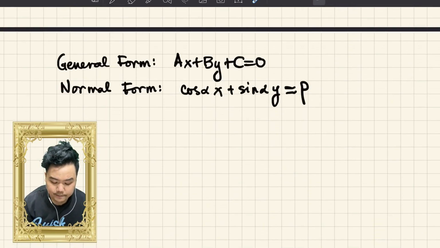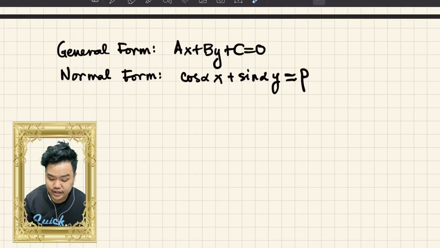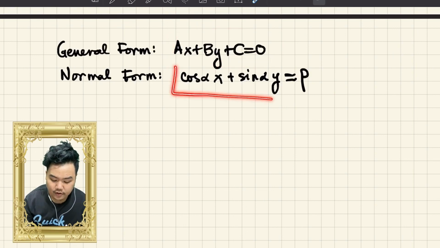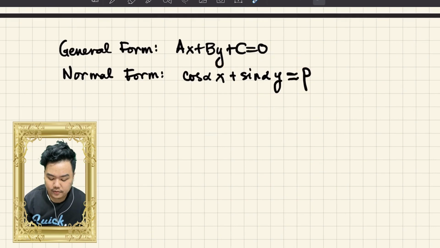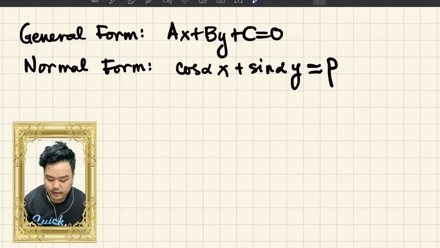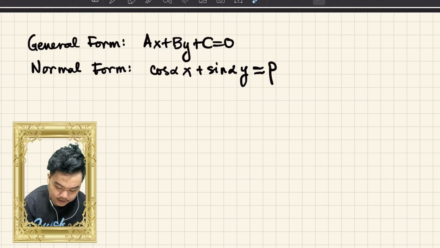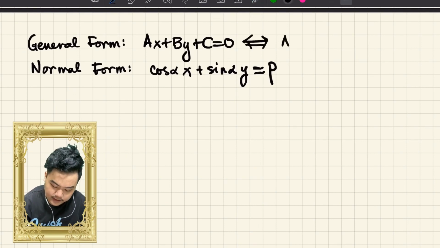So kunyari, we have a line na ang general form niya ay ito at ang normal form niya ay ito. So, we will express yung cosine alpha, sine alpha, rho in terms of A, B, C. Okay, so i-rewrite ko lang itong general form as ax plus by equal to negative c.